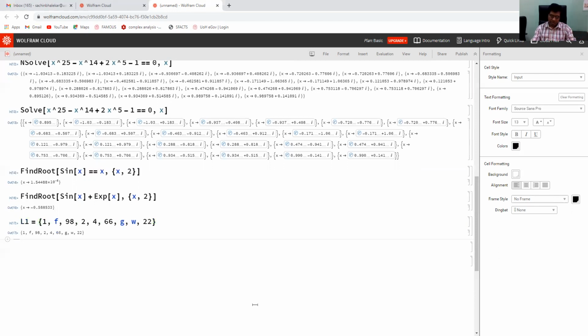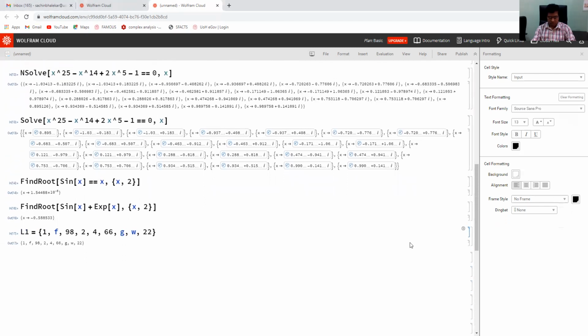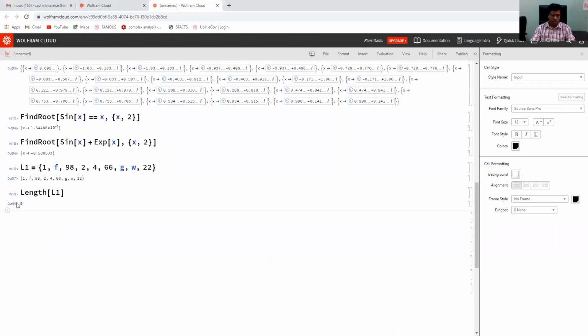There are so many operations we can have with this list. We can find length of this list. Let me check. Length of L1. Okay, so there are 9 members of this list.